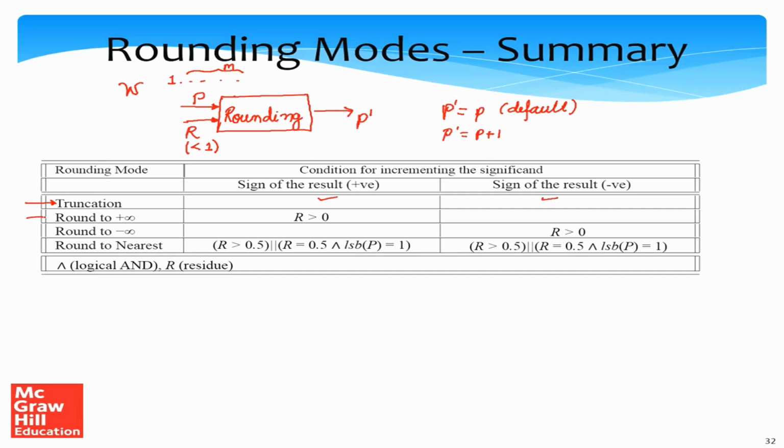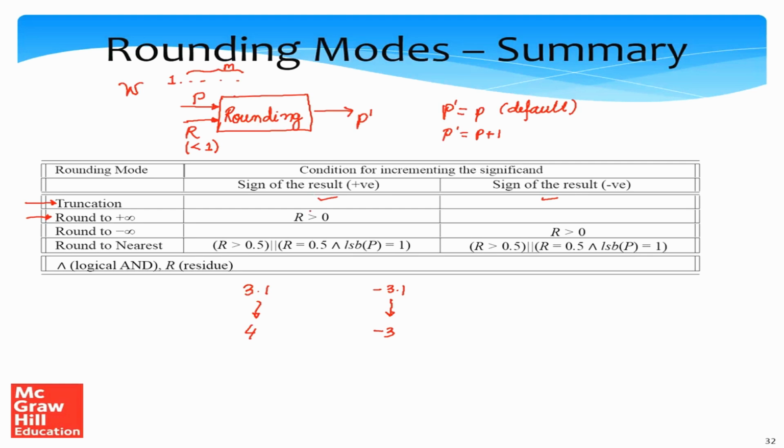Let's now talk about rounding to plus infinity. So let's take a look at two numbers, 3.1 and minus 3.1. So in the case of 3.1, this needs to be rounded to plus 4 because that's the next greater integer. In the case of minus 3.1, this needs to be rounded to minus 3 because that is the next greater integer.